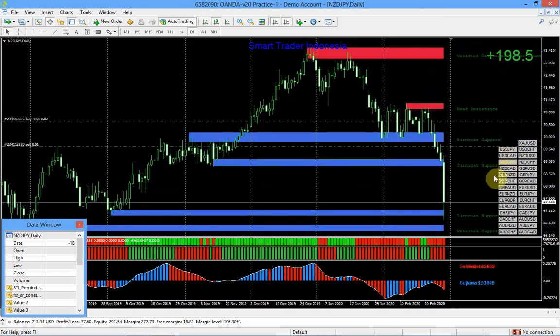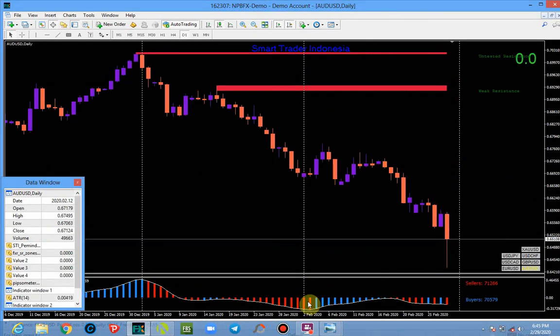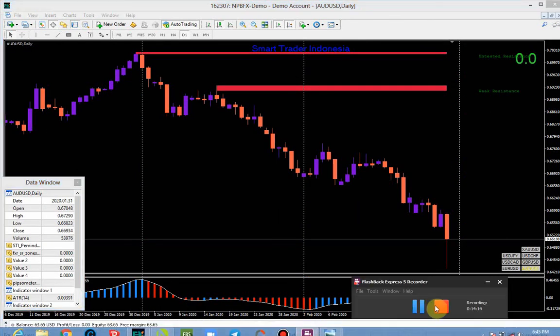Also New Zealand Japanese yen, I entered right here when it was flashing red. Also Euro GBP, the same thing applies, guys. So this is real. I'm not trying to come up with something that is not there.